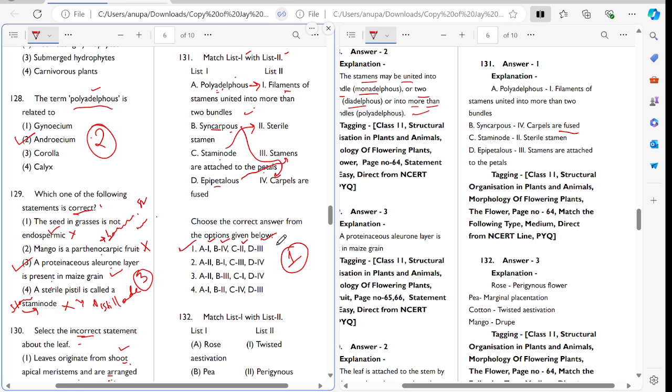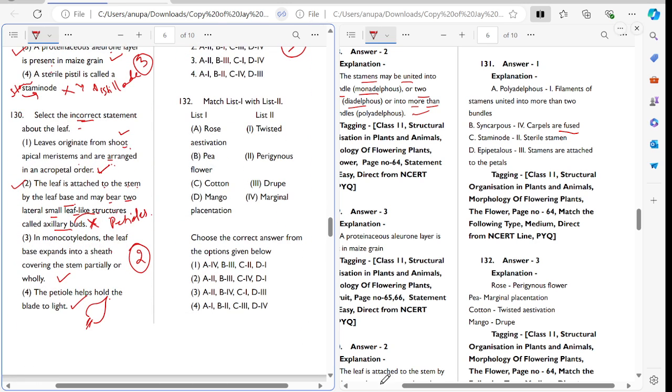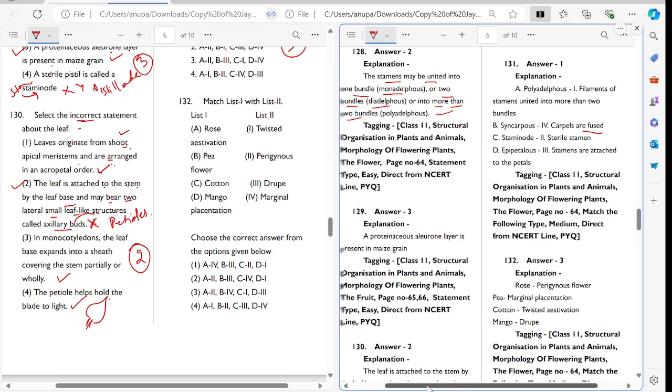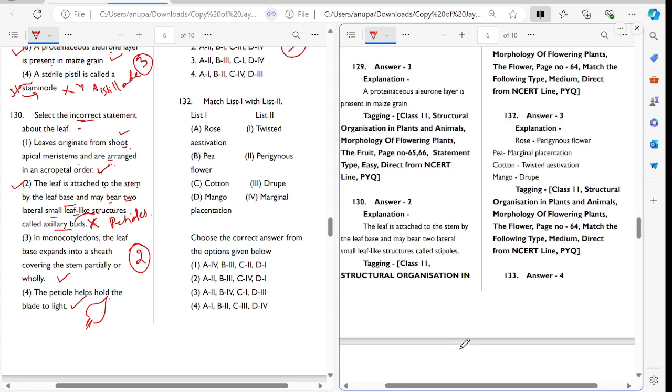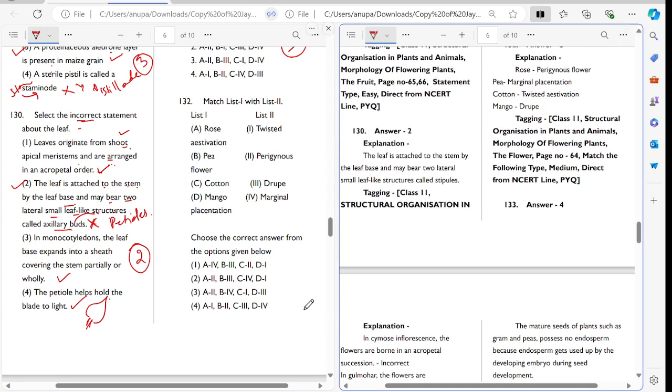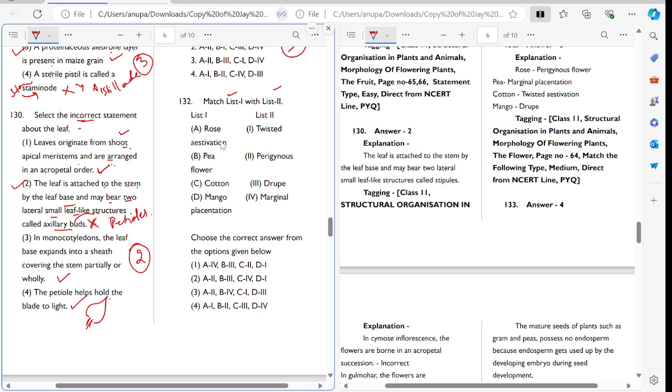Now let's move to the next question, that is question number 132. Question number 132 is also a match the following type of question, and two lists are given here, list 1 and list 2. In list 1 we have names of some plants, and in list 2 some conditions are given, and we have to match which plant goes with which condition.